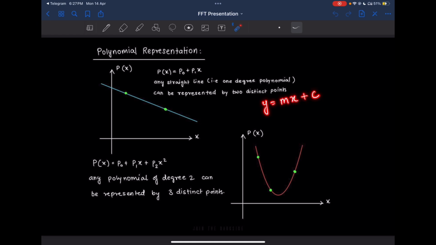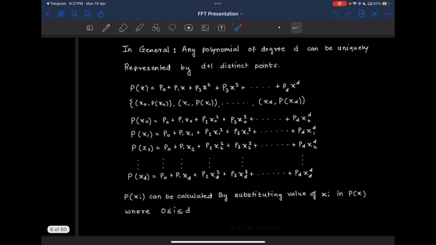Now c is obviously the y-intercept, m is going to be the slope, right? And the slope is determined by 2 points, that is (y1 minus y2) upon (x1 minus x2), where (x1, y1) and (x2, y2) are 2 points. Similarly, a 2-degree polynomial can be represented by 3 points.